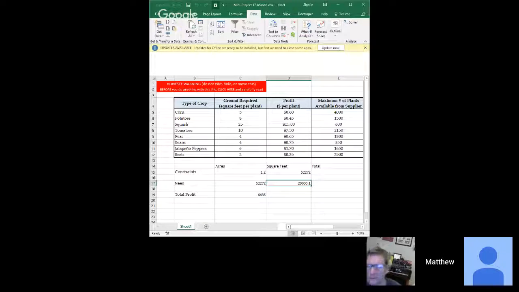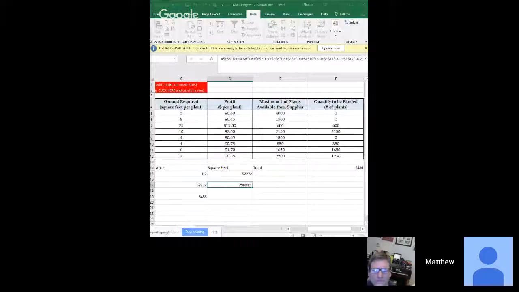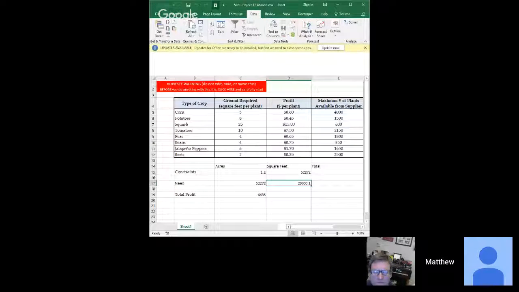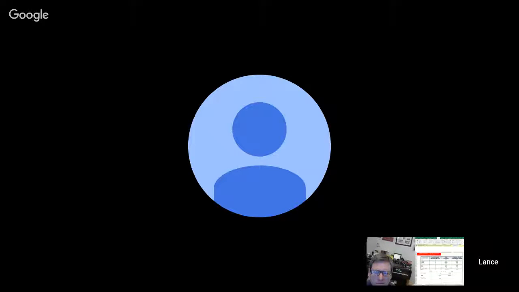Yeah. And then the rest of these, I simply state that essentially the maximum number of plants cannot exceed the number. So the quantity to be planted cannot exceed the maximum number of plants from the supplier.